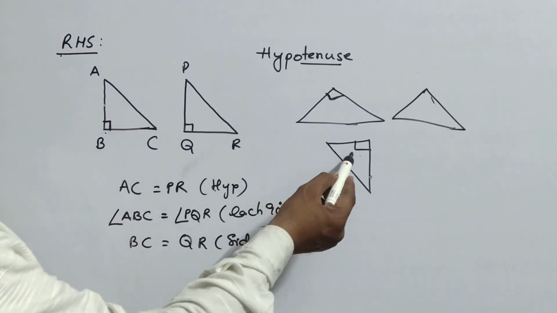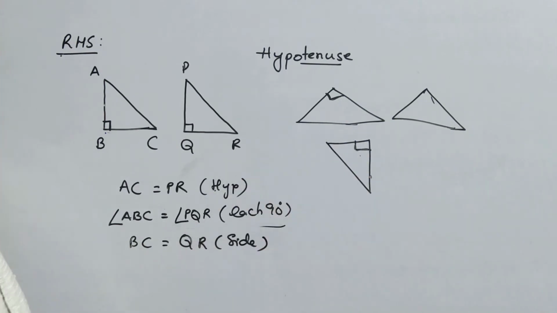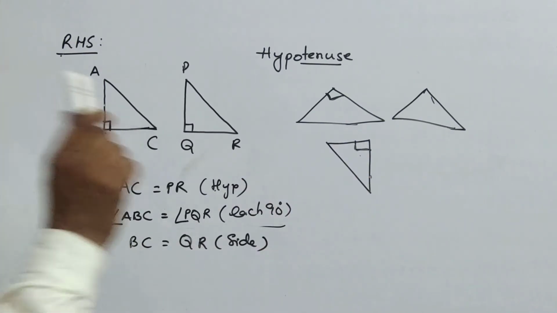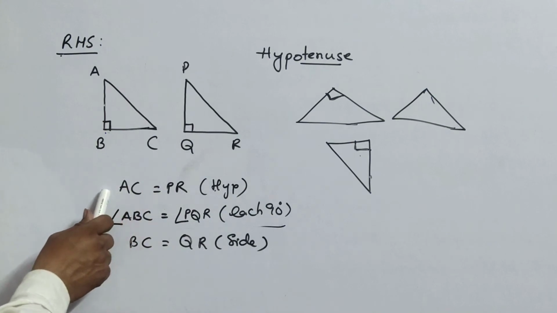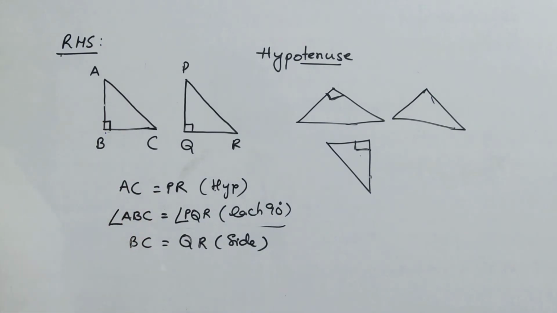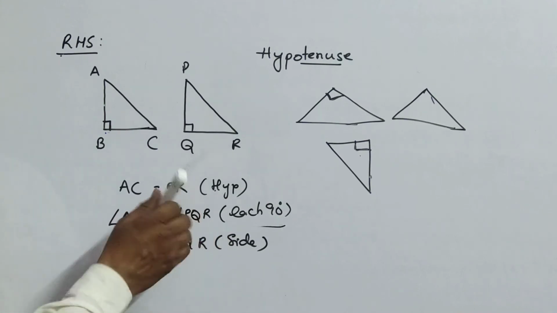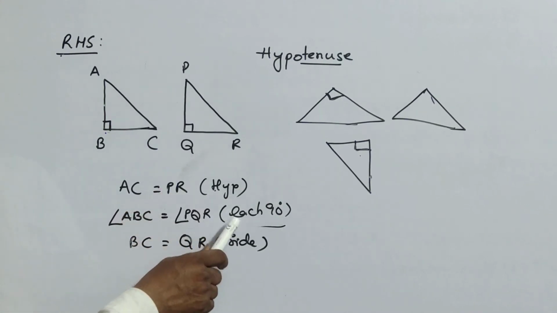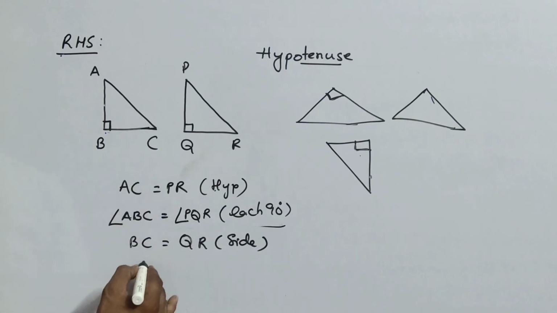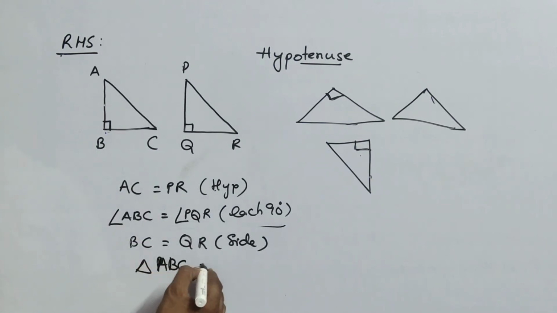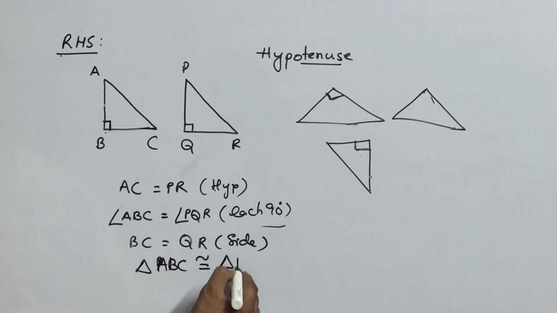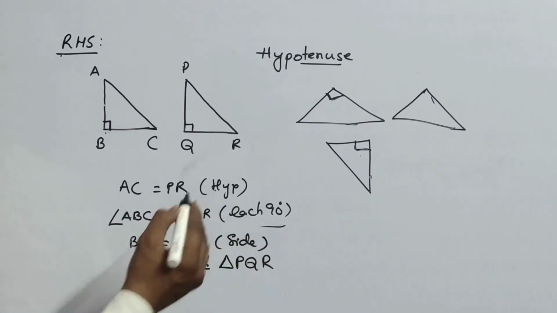You have to see that it is a right angle of 90 degrees. When it is 90 degrees only, you have to apply the right hypotenuse side rule. Now, by seeing hypotenuse, one angle 90 and a side, triangle ABC is congruent to triangle PQR.